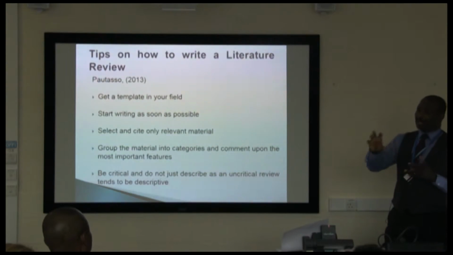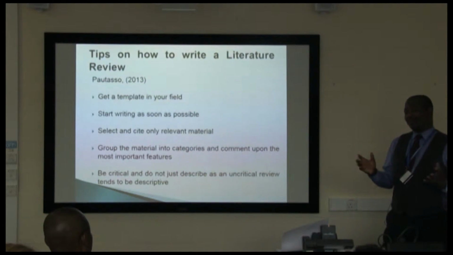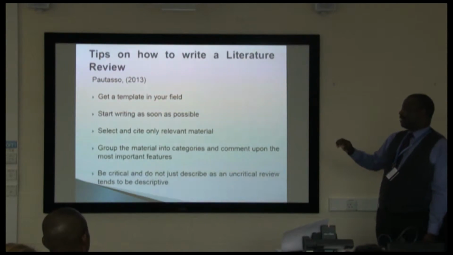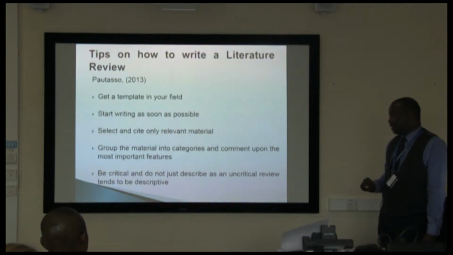If they don't matter in relation to my study, then if I'm making such points, I'll be getting out of point. Does that make sense? So make sure that you comment on important features in relation to your research or to your PhD.